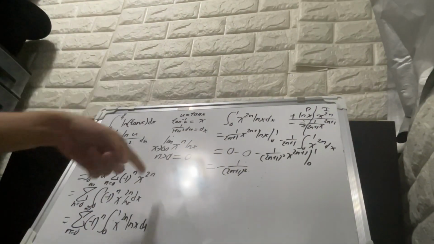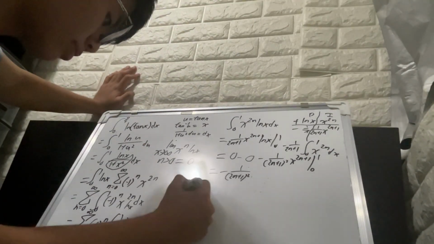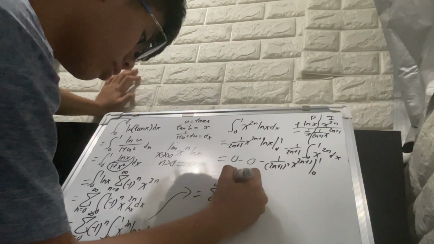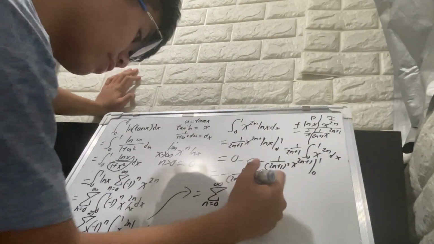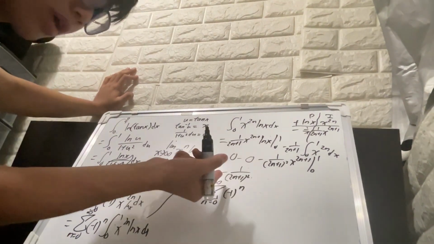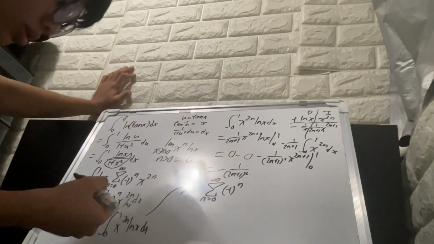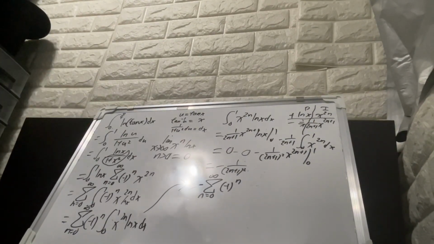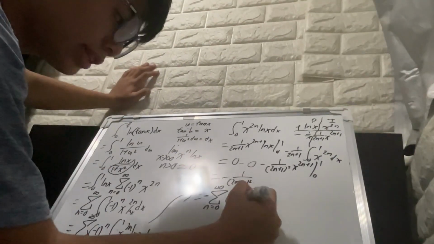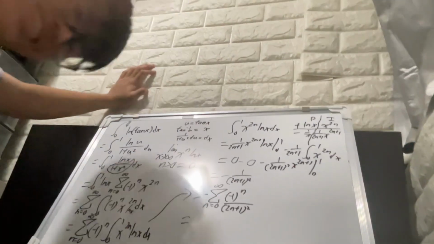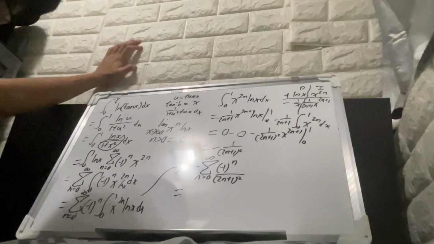So the solution of this, let me just write down here. It's just equal to the sigma, going from 0, of (-1) to the n. And then because we have a negative here, let me just bring a negative sign outside. And then we're gonna divide by (2n plus 1) squared dx. And yes, it's really cool.